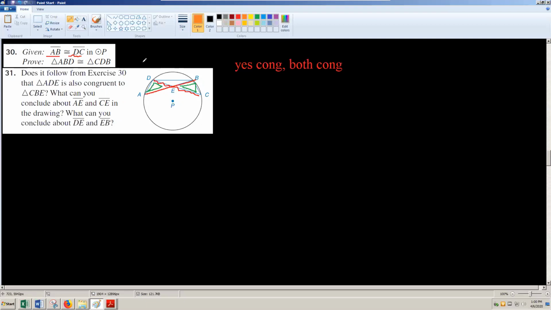We can also just use an inscribed angle going out to the same intercepted arc. So both of these are going out to the intercepted arc DB. So this angle is going to be this angle here. We get this vertical angle right in the middle, and so therefore we have our third angle as well here. And then from there, now that we have two congruent triangles, what else do I want to say about this thing?